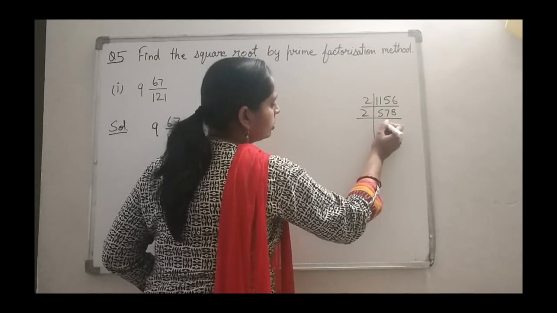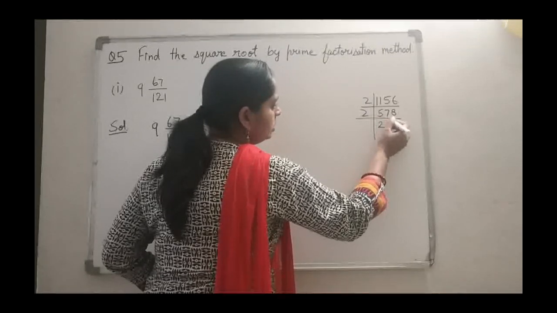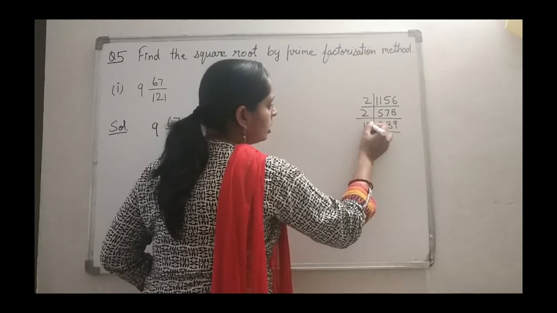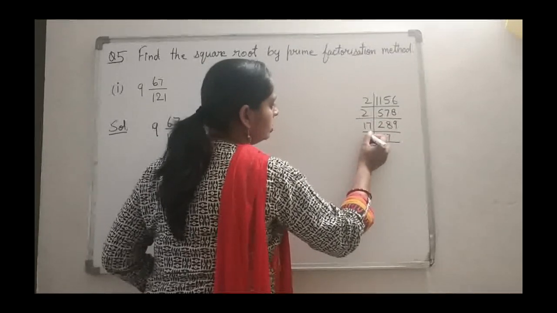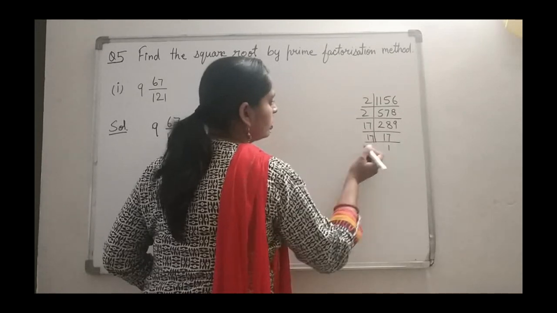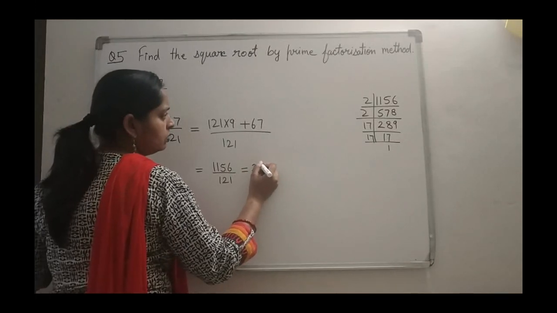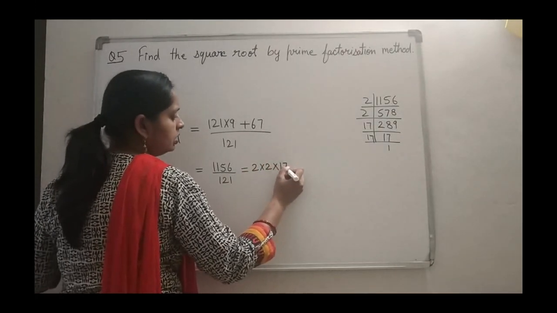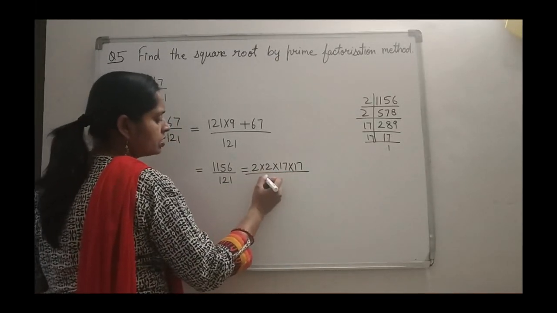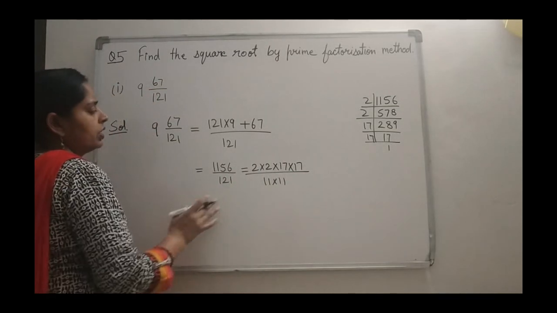Again by 2. 2 2s are 4, then 2 8s are 16, and 2 9s are 18. 289. 289 is the square of 17. So 17 17s are 289. Right? So we got this as 2 into 2 into 17 into 17, and 121 is the square of which number? 11. So 11 into 11. Right? So we have done the prime factorization for this.